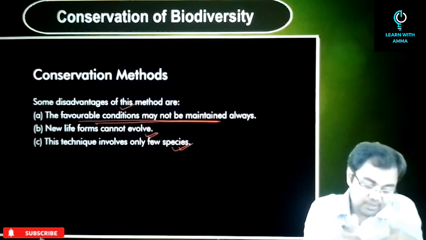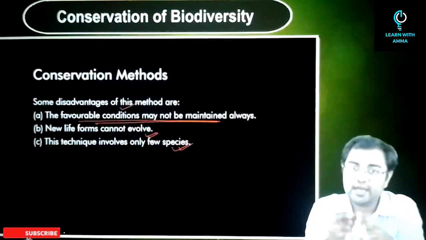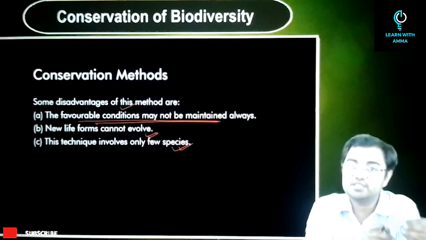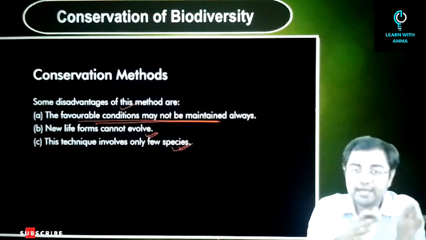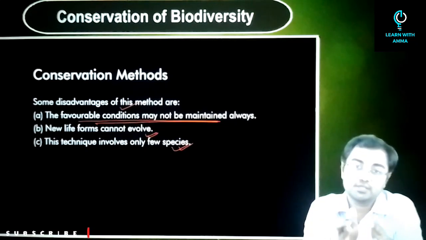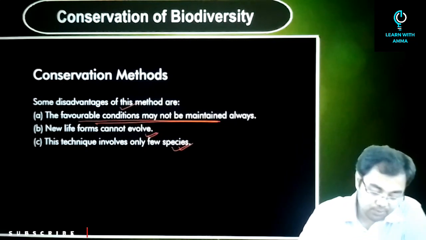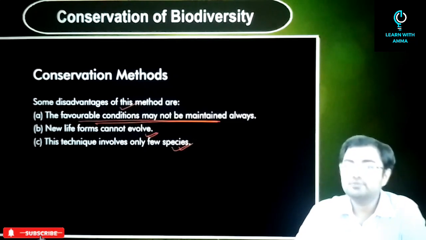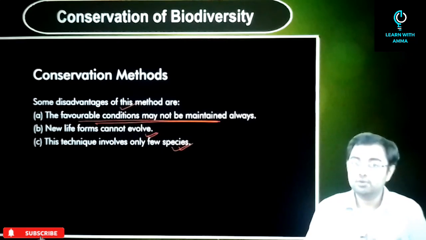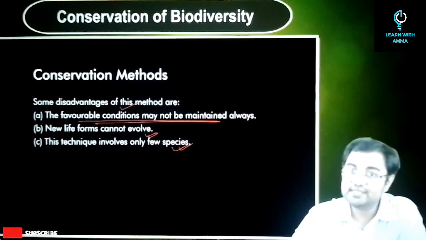But when it comes to the techniques used in ex situ, it is very, very specific, and we know which kind of species are being targeted, what are the species that I am after, and how are we carrying out the conservation efforts. So that's why it involves very few species, not all the species. While in case of in situ conservation, all the knowns as well as unknowns get conserved there. So that's why this comes as a disadvantage for ex situ conservation.